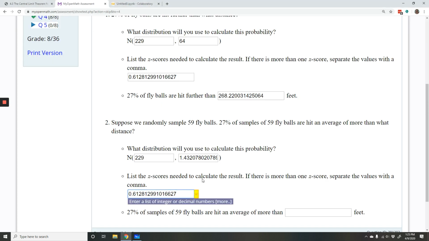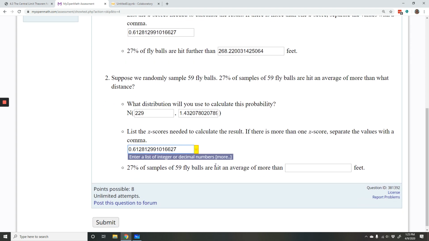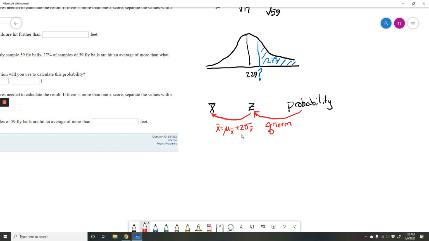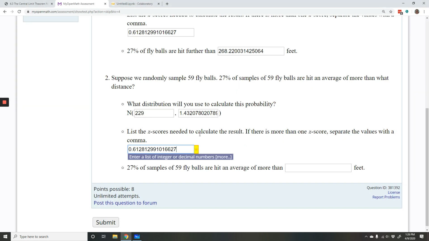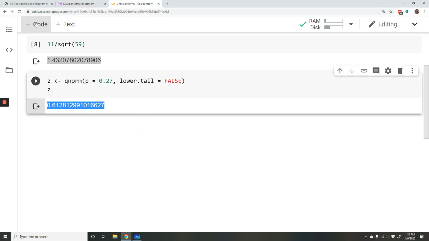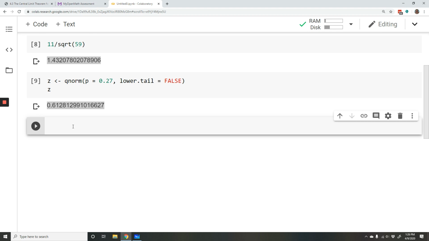But now we're going to take that z and we're going to do something different with it. We're going to use the same formula, but with this mean and this standard deviation. Okay, so we're going to use that mu x bar plus z sigma x bar. So we're going to have our mu, 229, plus our z, and I stored z in a variable, so I'll just use that variable.